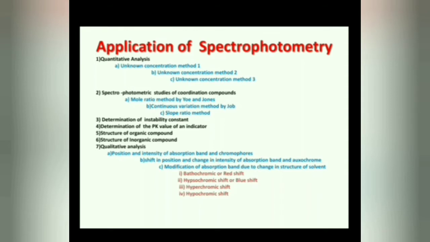The absorbing species in both are the same, and therefore a1 is equal to a2 and b1 is equal to b2, and we get a new ratio: concentration C1 divided by concentration C2 is equal to A1 divided by A2. By knowing three quantities out of four, we can easily find out the single unknown quantity. So that is all about the second method.